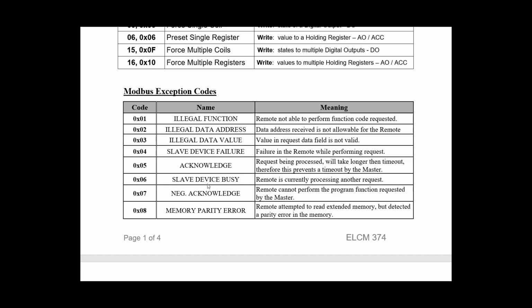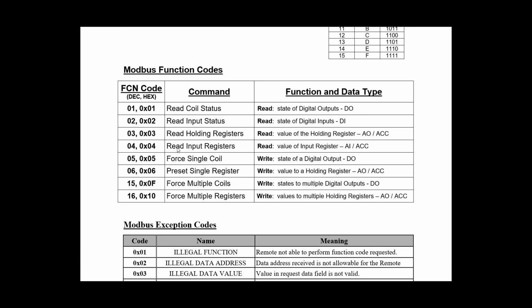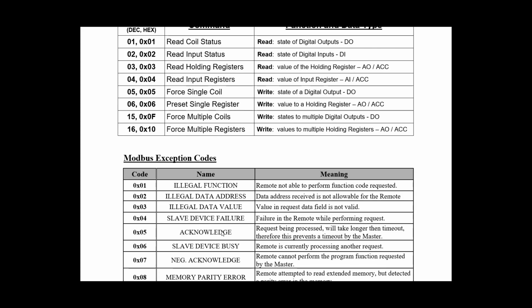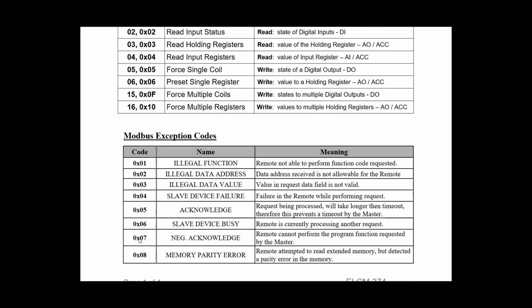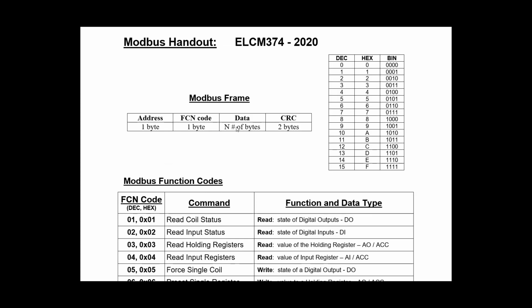So I just wanted to look at that a little bit. We'll look at specific messages that include these and how it's flagged in the function field and indicated in the data field when we look at specific Modbus messages. But for now, I just kind of wanted to let you know that's where these exception codes come in. They'll be found in the data field for a response where it was already flagged in the function field as having an exception to what was requested. All right.